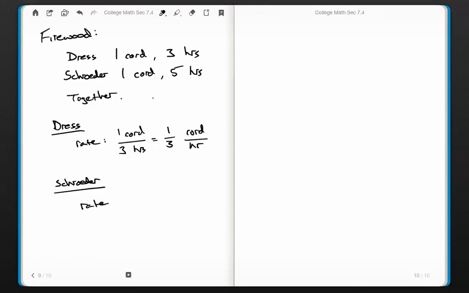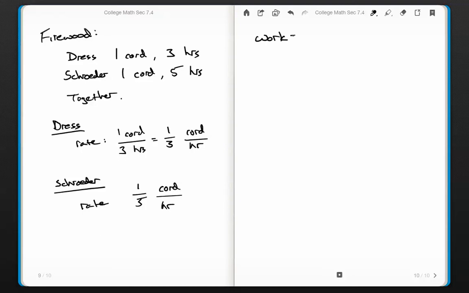What is his rate going to be? 1 cord in 5 hours, so it's 1/5 cord per hour. So remember that work equals rate times time. Work equals rate times time.